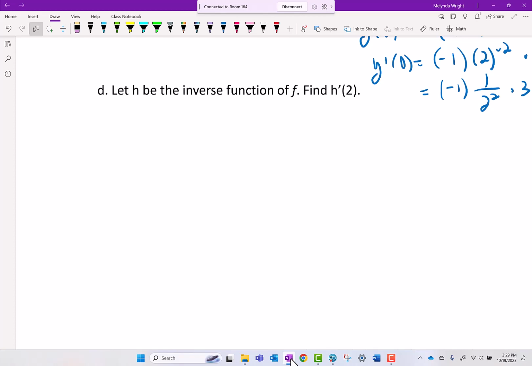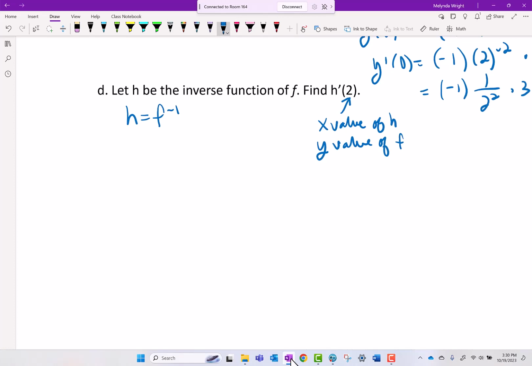So h is the inverse of f. So h is f negative 1. That's what they're saying. They want us to find the derivative of the inverse again. Okay. Well, let's figure out what do we need? We know this is the x value of h, which means it's the y value of f. With me? If that is the x value of the inverse, then it's the y value of the regular function.